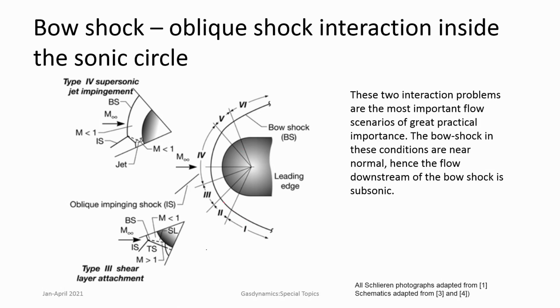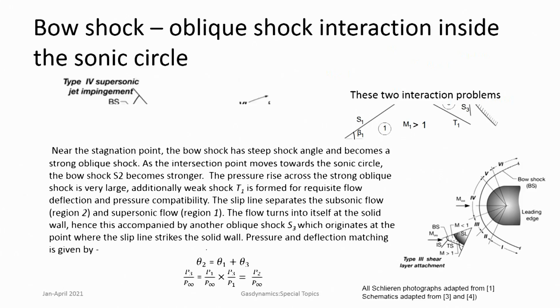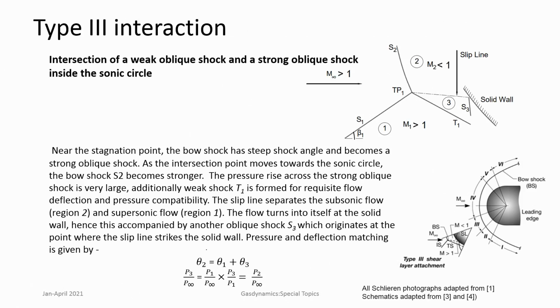So, they produce certain special features which create a lot of changes on the body, and as a result they are of immense importance when looking at bodies. Let us consider the type 3 interaction. In type 3 interaction, this is the impinging shock S1, this is the bow shock S2, okay.